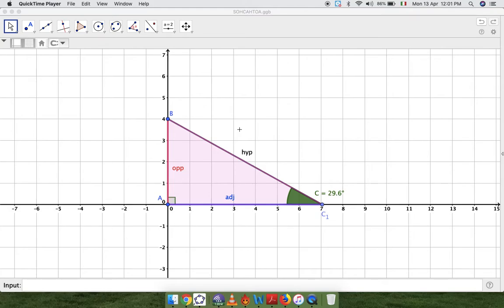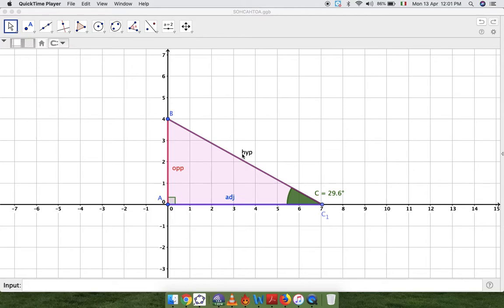So these trig functions, sine, cosine, tangent, I can't stress this enough, only apply to right triangles. That's why I have a right triangle here. We use these sine ratios in right triangles, specifically when we have a hypotenuse.